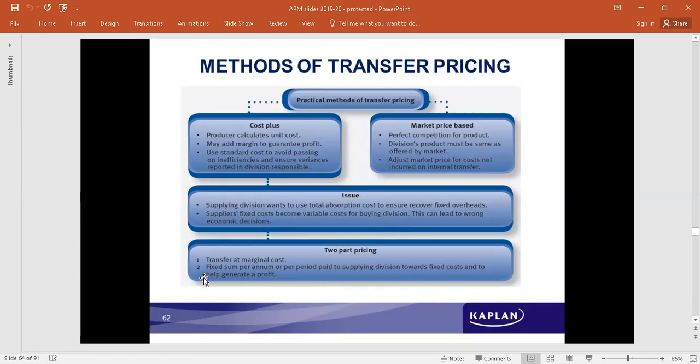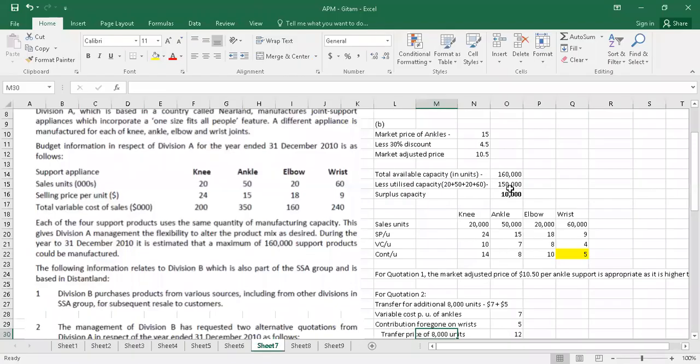So two-part pricing also is possible. So they can also charge it that way. 10.5 is appropriate for quotation 1, but for quotation 2, for the additional 8,000 units, it will be 12. For 10,000, 10.5; for 8,000, it is 12. I hope I made it clear.